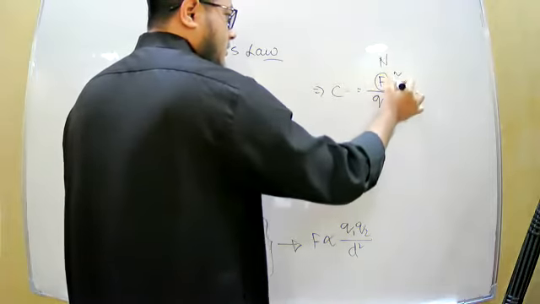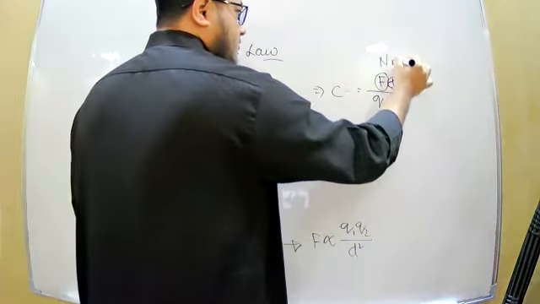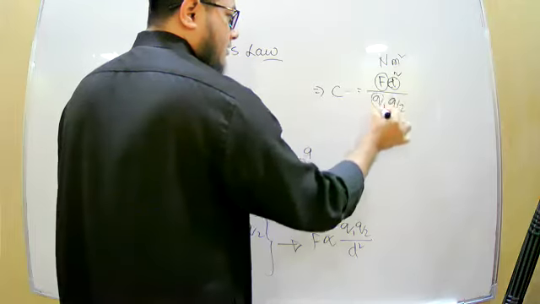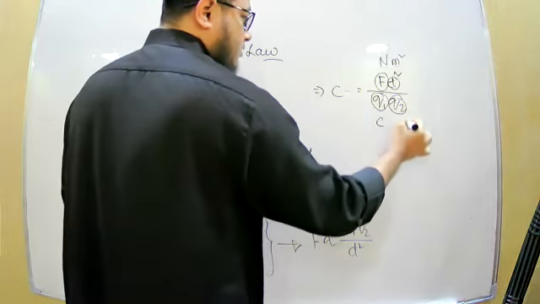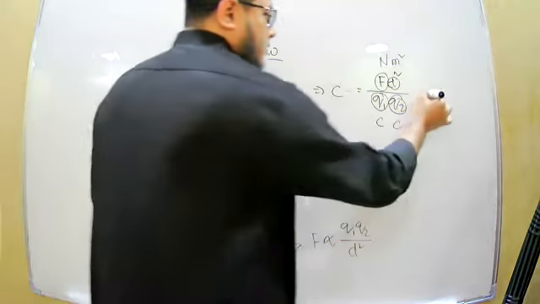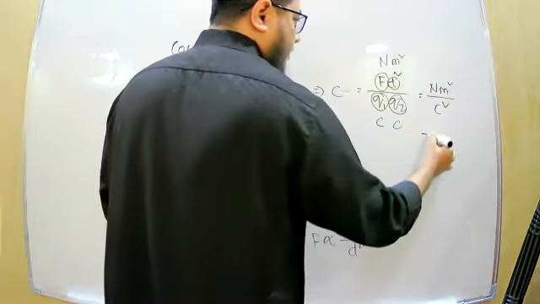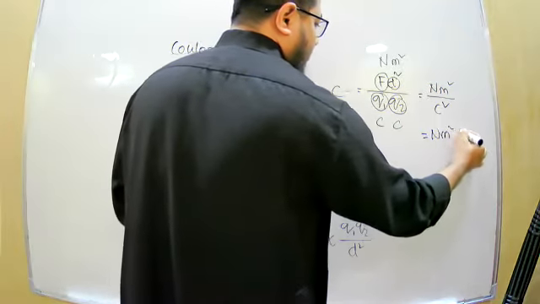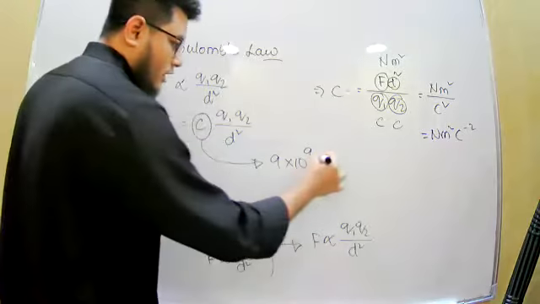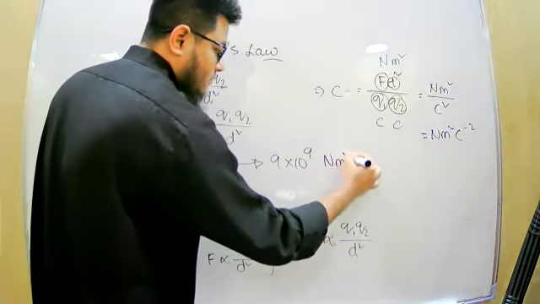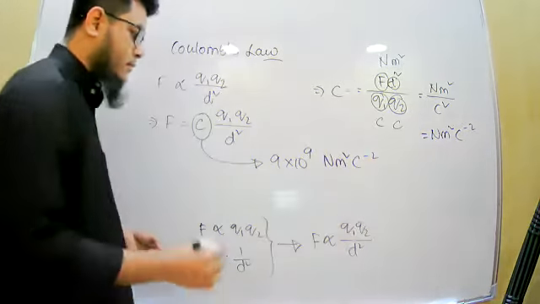That is Newton. Distance is meter, so Newton meter square, and charge is Coulomb. This is also charge, Coulomb. So it is Newton meter square per Coulomb square. This can be written as Newton meter square Coulomb inverse 2. So that is the unit of C.